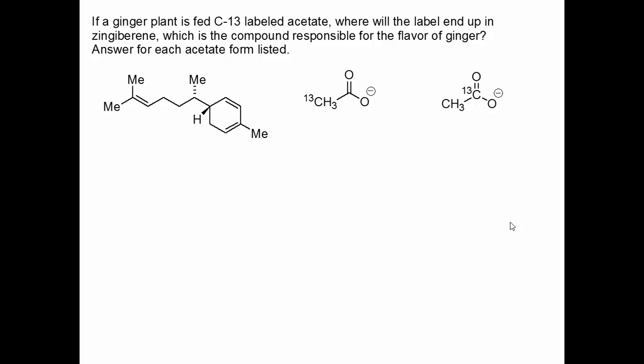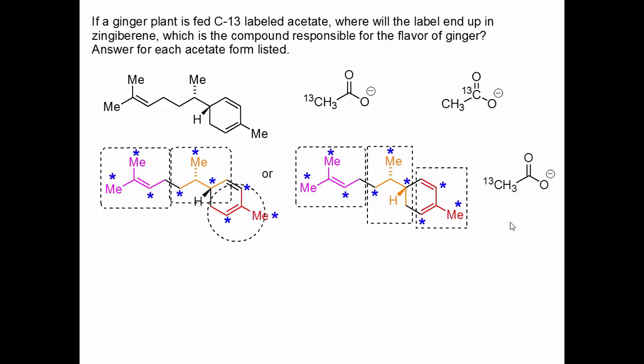All right, so the first thing we have to do is identify the isoprene units. I've identified them and color coded them. So the isoprene units divide like this. This is a sesquiterpene, so there are 3 distinct isoprene units. There are 2 different ways that you can do the last 2.